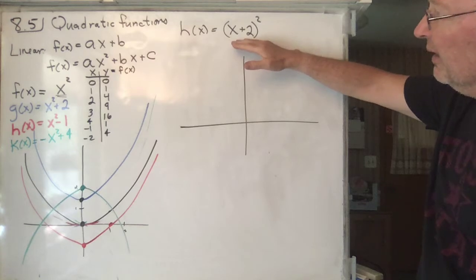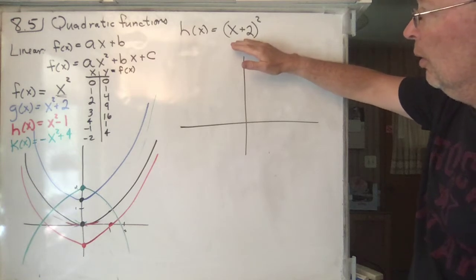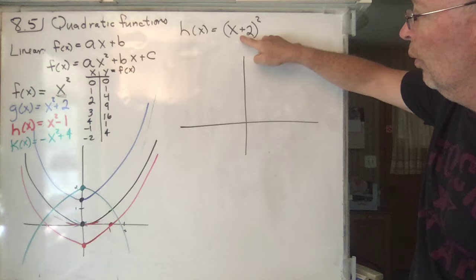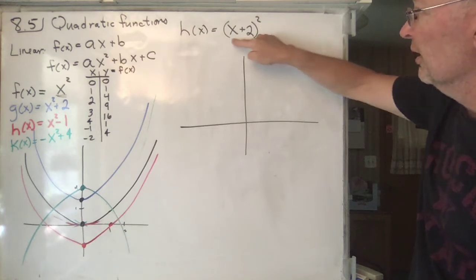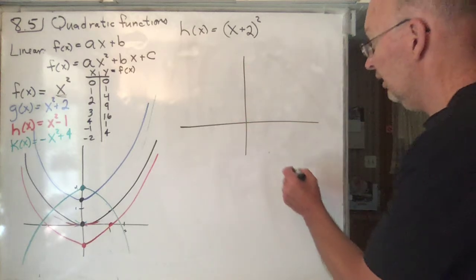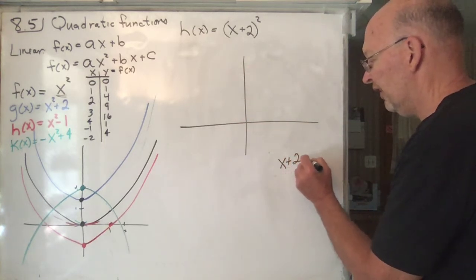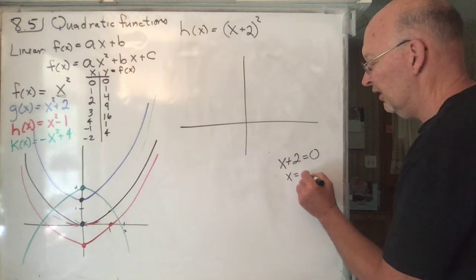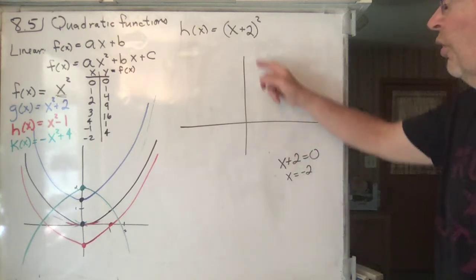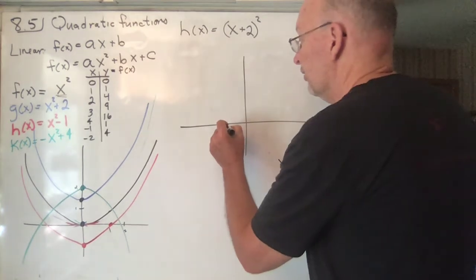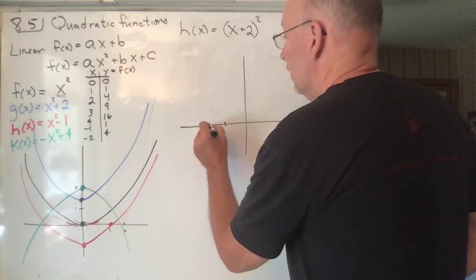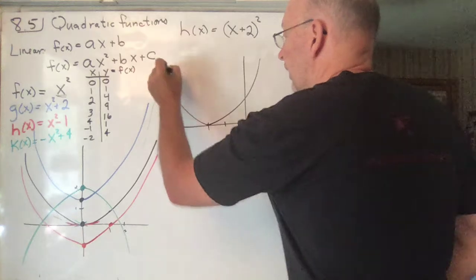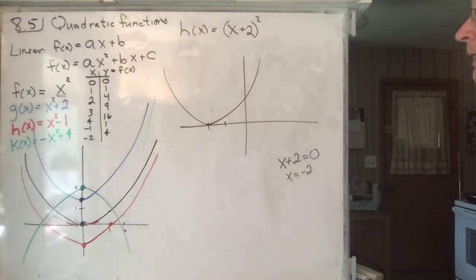Well, I look at that and I say, what does x have to be in order to get a 0 in here? Well, x plus 2, in order for that to be 0, x is going to have to equal negative 2. So in other words, this is going to look exactly the same as this one, except it's going to be shifted over to the left 2 units. Okay? So you get that.